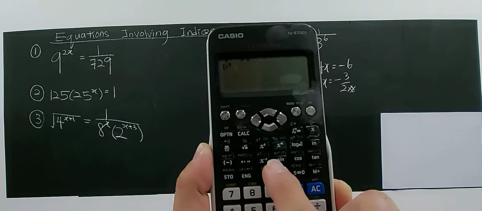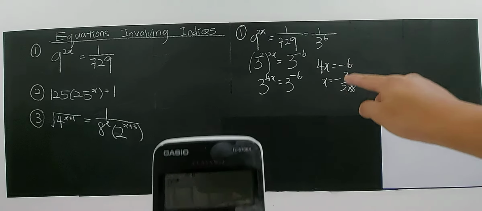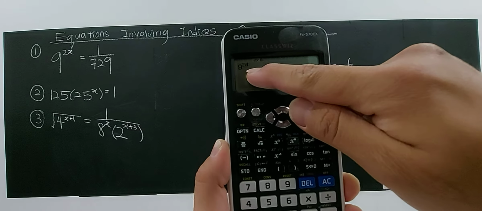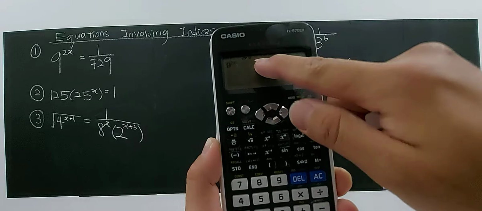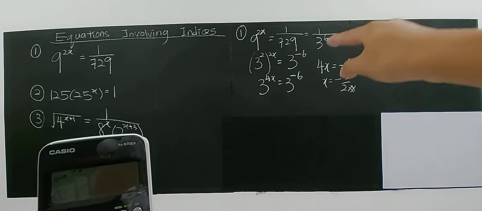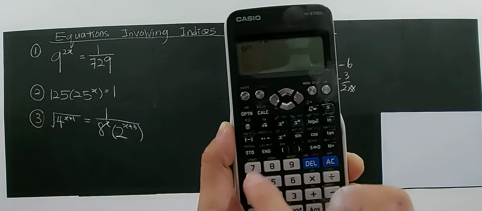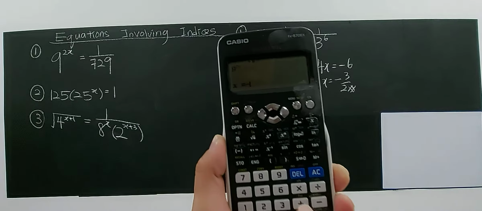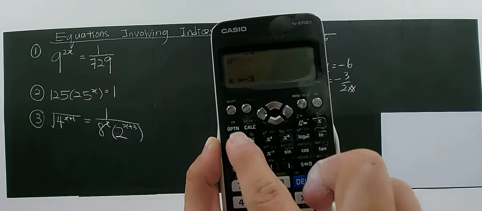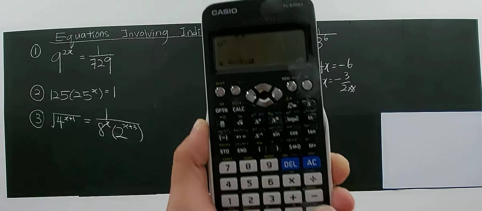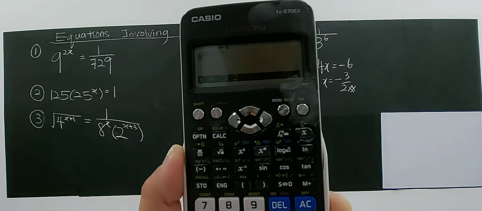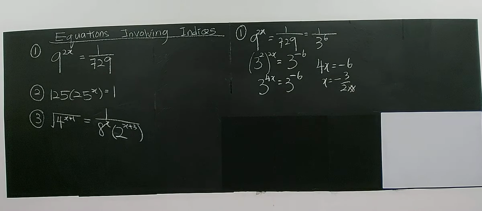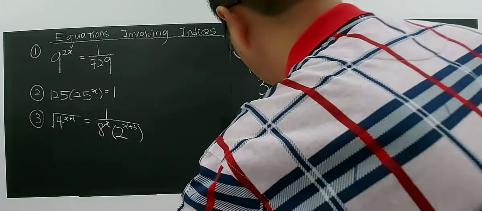If you substitute the solution into x, you will definitely get the value of 1 over 729. So you press calculate, key in the value -3 over 2, then press equal, and you have 1 over 729. Of course, that means your answer is correct. You can check your solution.